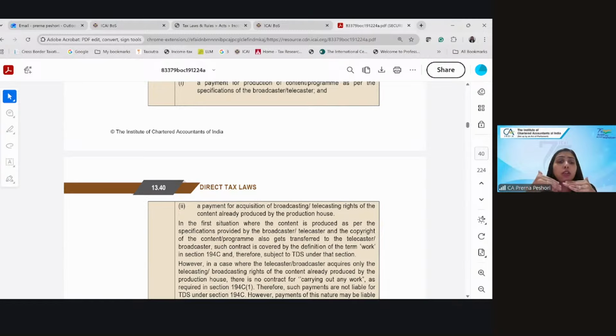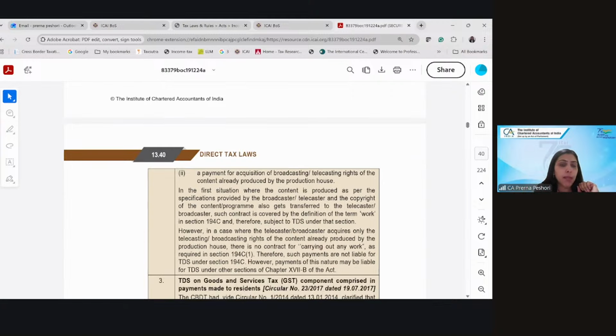So, you have seen a lot of documentaries which are produced by Netflix. Now, they may be produced by some third party, some content house, some producers. But the ownership of that content lies with Netflix because the copyrights have been transferred. They have been produced on demand of Netflix. That is where 194C will be applicable.